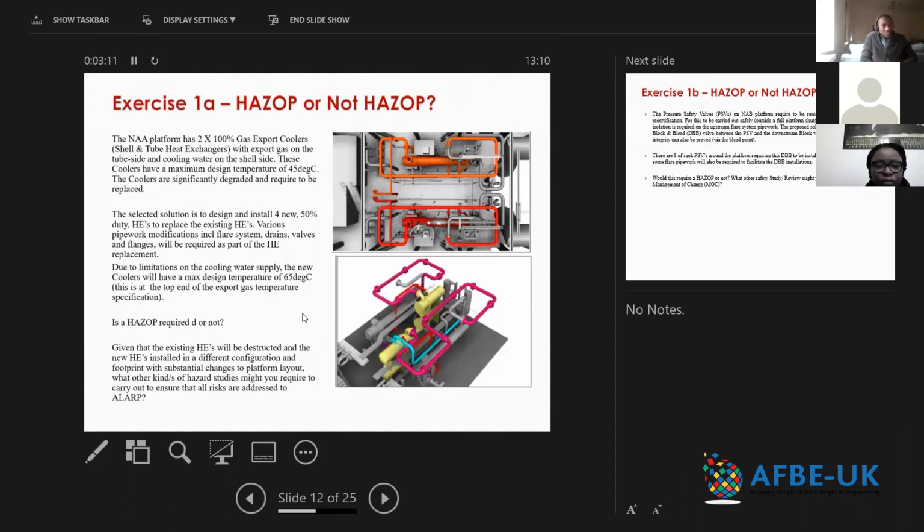Now, the existing ones are going to be destructed and removed and replaced with these new ones in a different configuration and with a different footprint, with substantial changes to platform layout. Now, what other kinds of hazard studies might you be required to carry out to ensure that all risks are addressed? That is the exercise that we've got to do, guys.